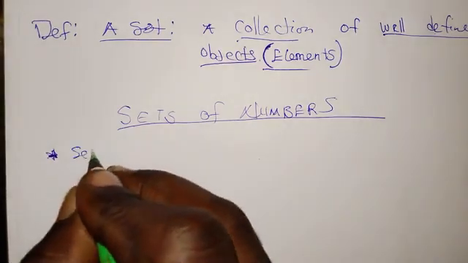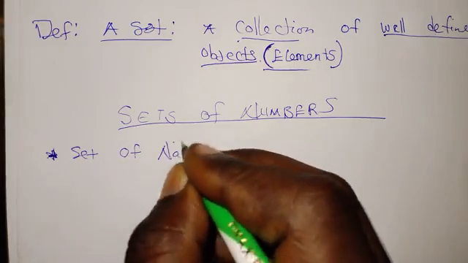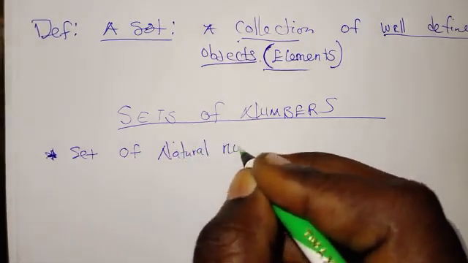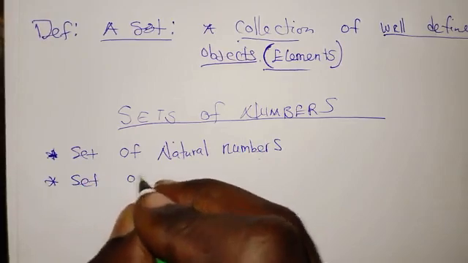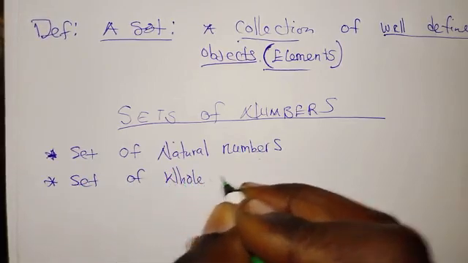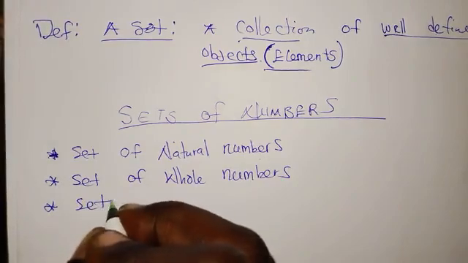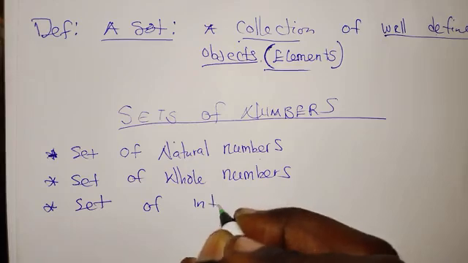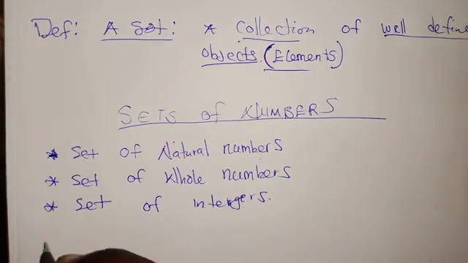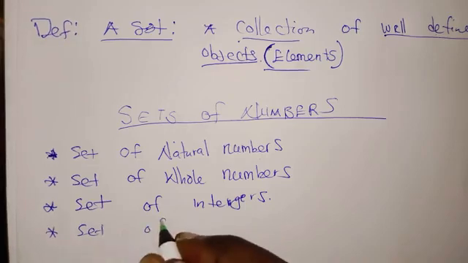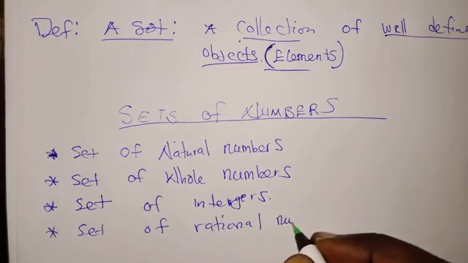For example, we can have a set of natural numbers. We can have a set of whole numbers. We can have a set of integers. We can have also a set of rational numbers.